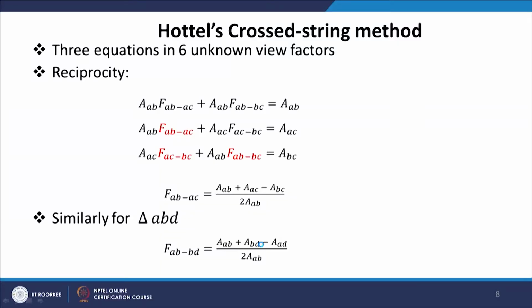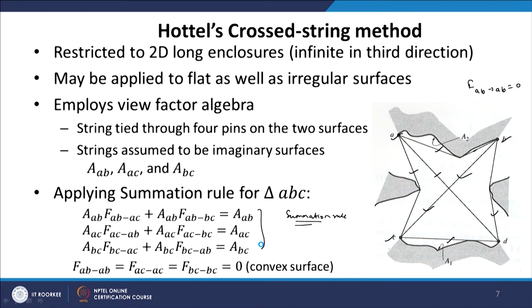Okay. Similarly, what we do is we apply the method to the triangle ABD. Okay. We apply a similar method to triangle ABD. Now, in these 3 equations we have 6 unknowns and we have only 3 equations. Okay. So, we need some more relations, and these relations are basically found using the reciprocity theorem.